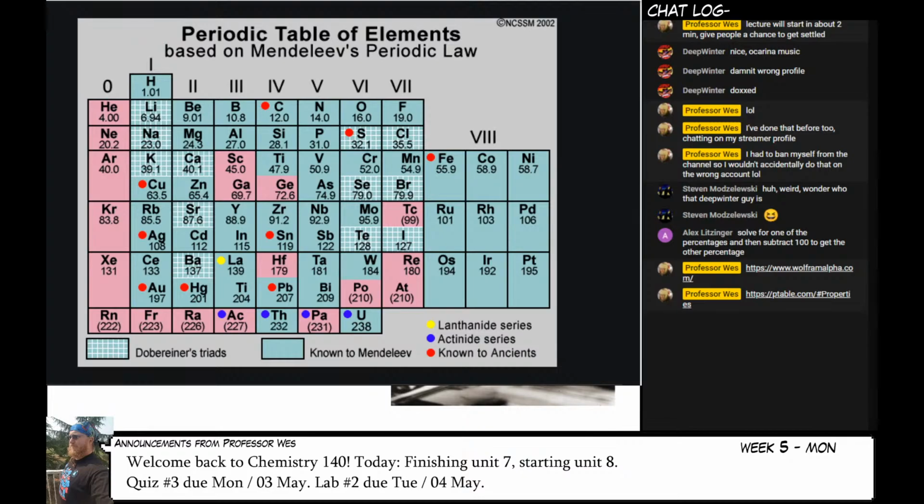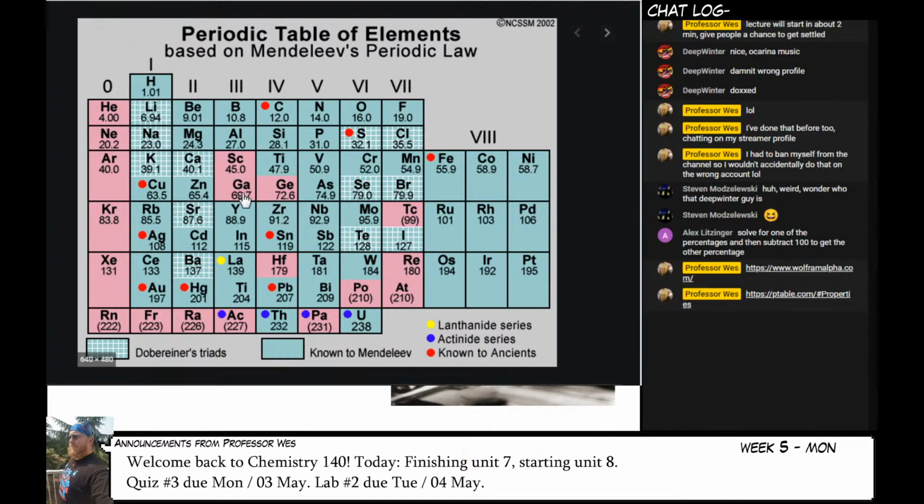Everything in blue was an element that Mendeleev knew existed. All the remaining elements in pink weren't known at the time, and some of these he actually discovered. So, for instance, where you see gallium right here. Where'd my cursor go? Is my cursor on the screen? There it is.